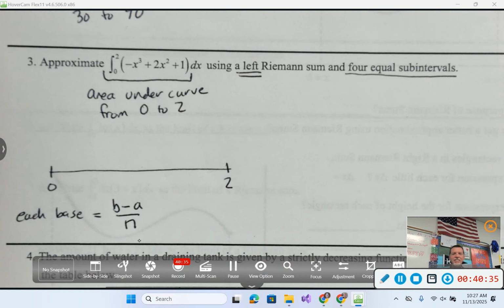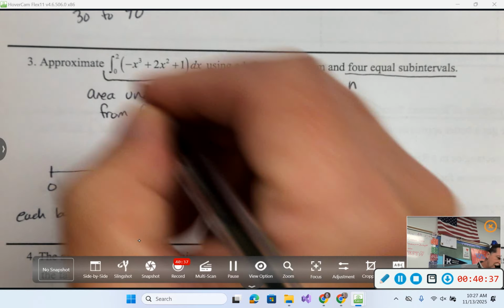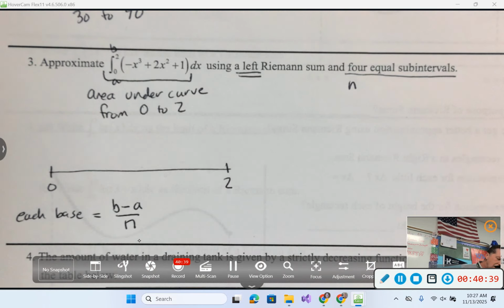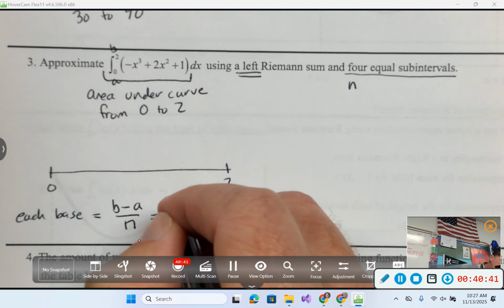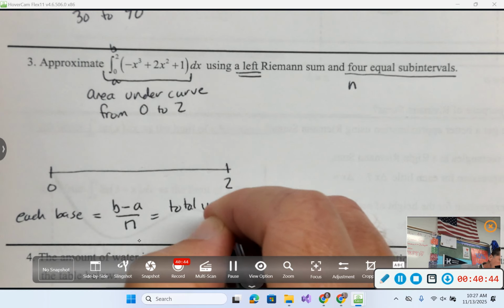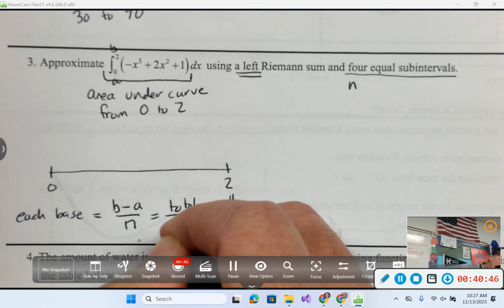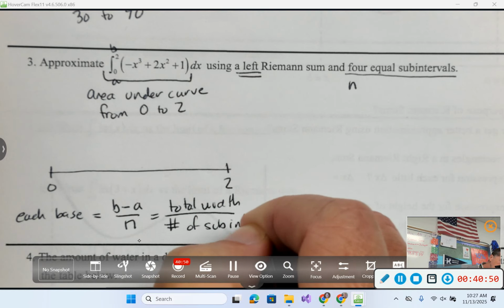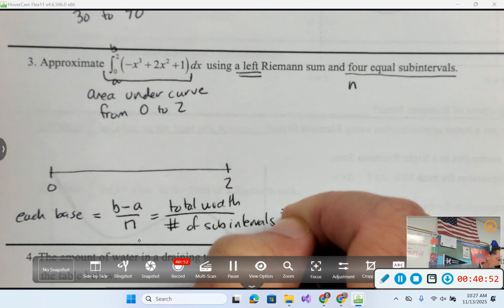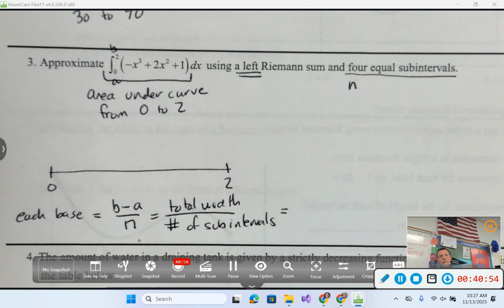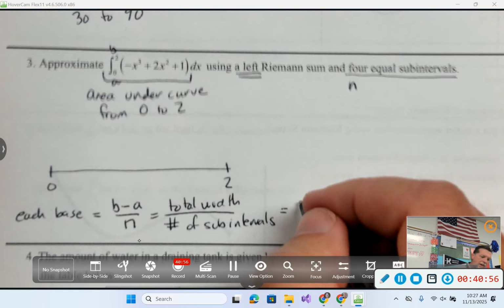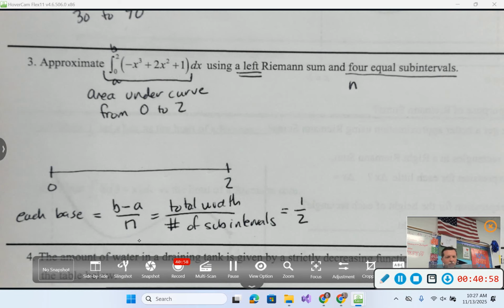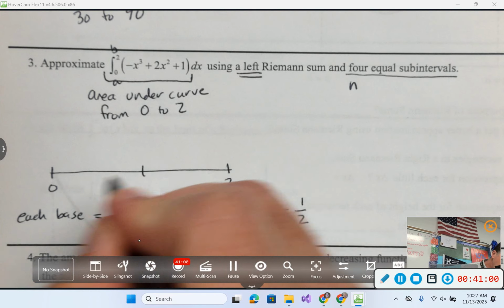That sounds fancy, but let's make it less fancy. It's the total width divided by the number of subintervals. Most of you probably wouldn't even write all that out. You'd be like, oh, 2 divided by 4 is 1/2. Every 1/2 is where my intervals will be drawn.